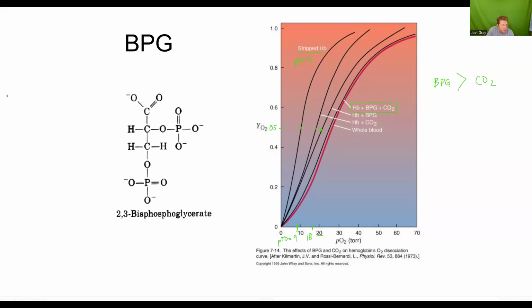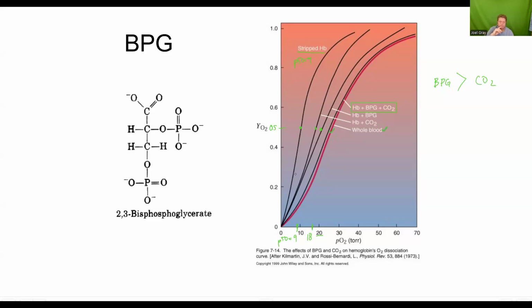Here, what we have is an increase where the effects of bisphosphoglycerate and CO2 are additive on hemoglobin's oxygen binding affinity. Now, after it's all said and done, we compare that to whole blood, which is represented by this red line right here.